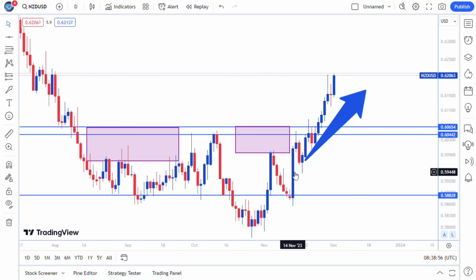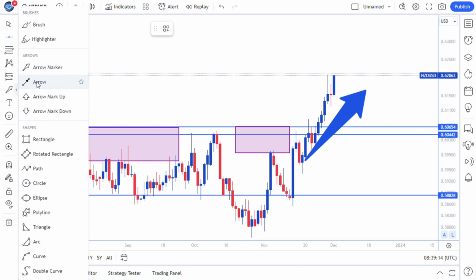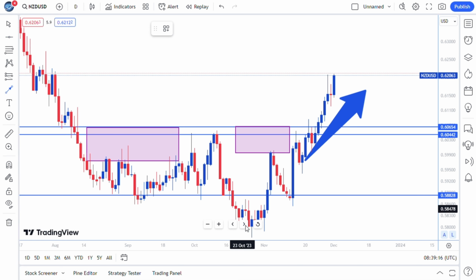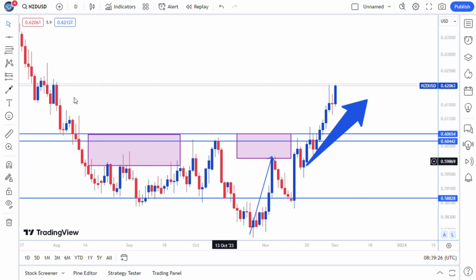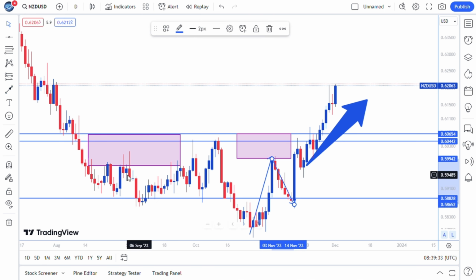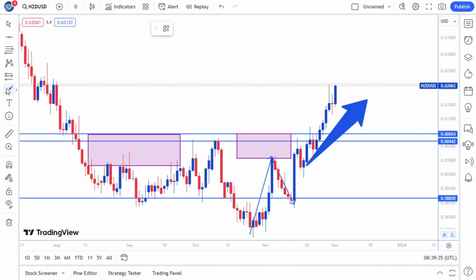The buyers here totally eclipsed the strength of the sellers. Take a look at this. This initiated both the commencement of a motive wave and a handle breakout.